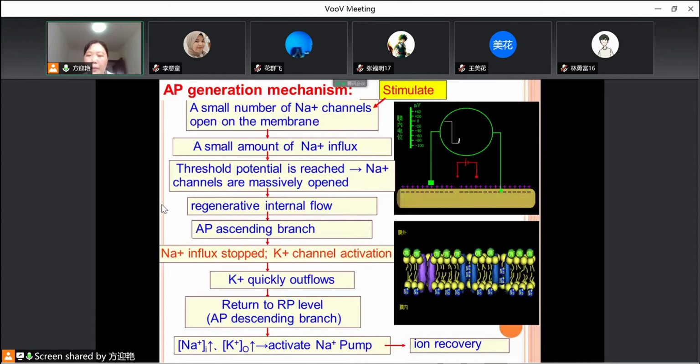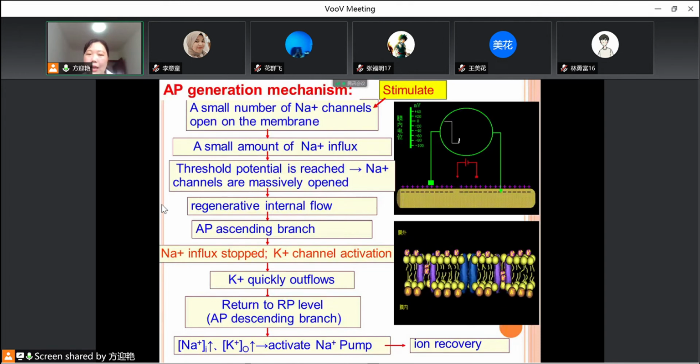I hope we master that. Can you tell me the key channel? Which is the key channel of action potential generation? Who can tell me the key channel or the key ions?